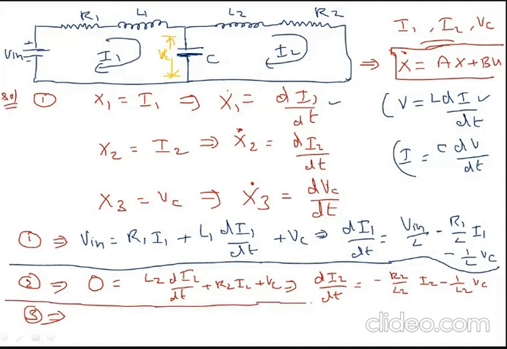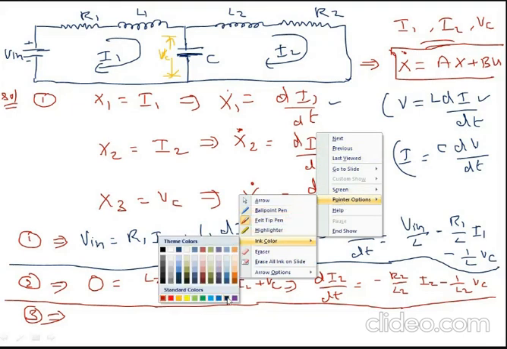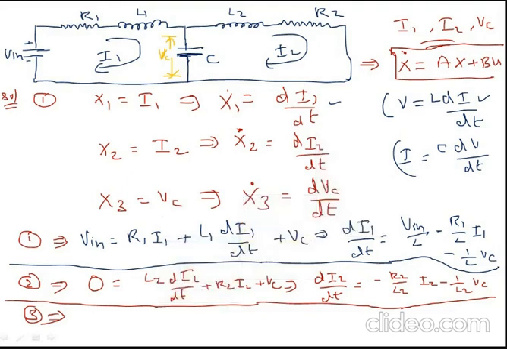What about the last expression? So you need to get dV by dt. To get that, you need to write the expression for the current flowing through the capacitor. If you observe here, the current flowing through the capacitor is the difference I1 minus I2. I1 minus I2 is equal to C into dVc by dt.